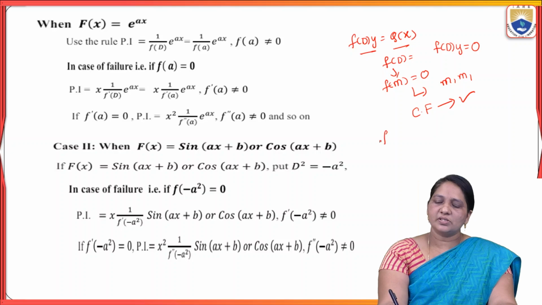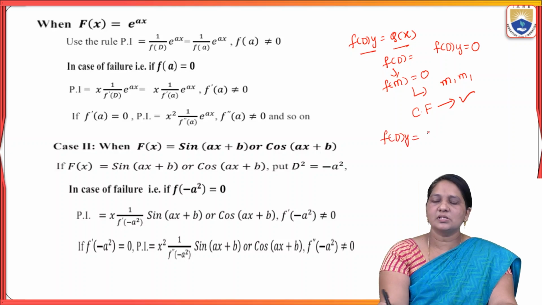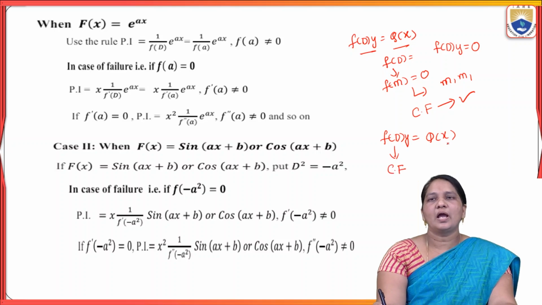If it is not homogeneous, if it is f of D into y equal to Q of x, then this is the non-homogeneous equation. Here, to solve this equation, first we have to calculate the complementary function and also the particular integral. Then the complete solution is the complementary function plus the particular integral.